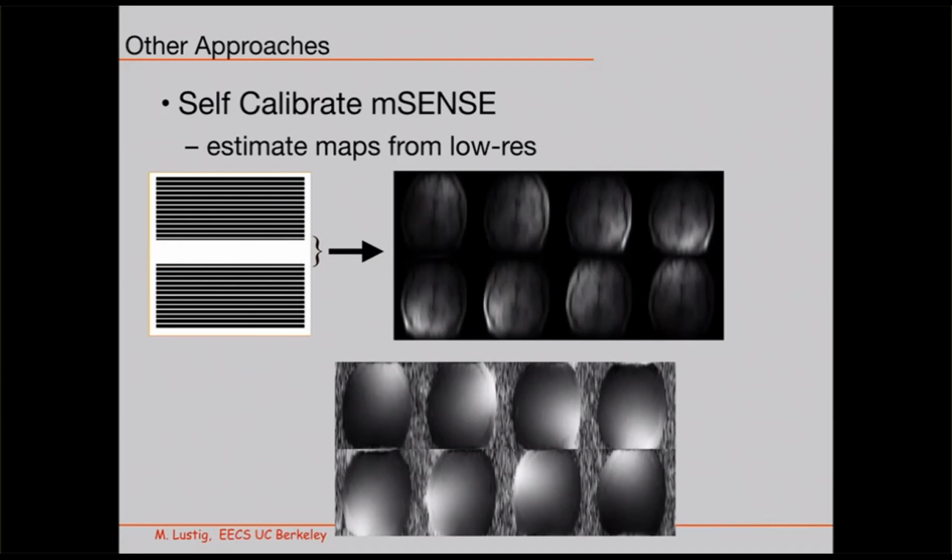But because the coils are smooth, low resolution may be enough to estimate the coil. So you use this part of K-space to compute low resolution images, and then compute sensitivity maps out of that. Once you know the sensitivity maps, you use SENSE to reconstruct the missing information. This is called mSENSE.